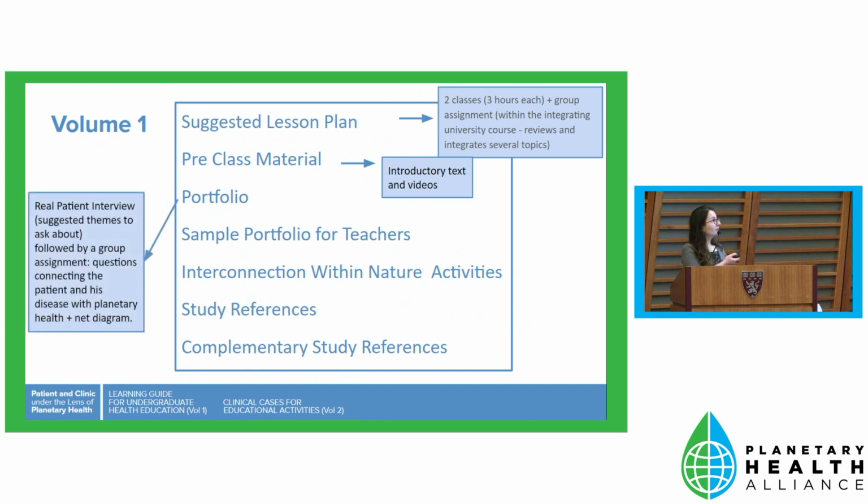The portfolio has suggestions of what students should ask the patients, and afterwards they had to do this activity and hand it in to the teachers. We did a group activity. Students made it in little groups. And they also had to do a net diagram that I'm going to explain to you. It is the actor network theory put in practice.